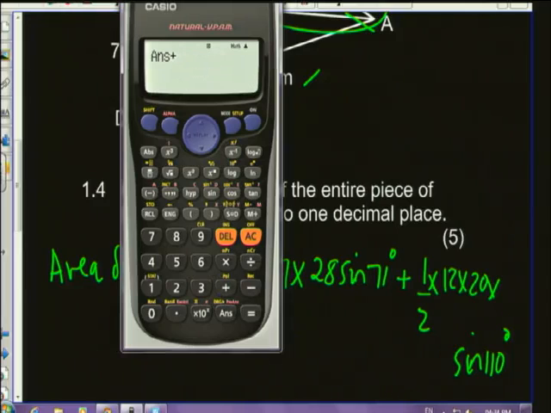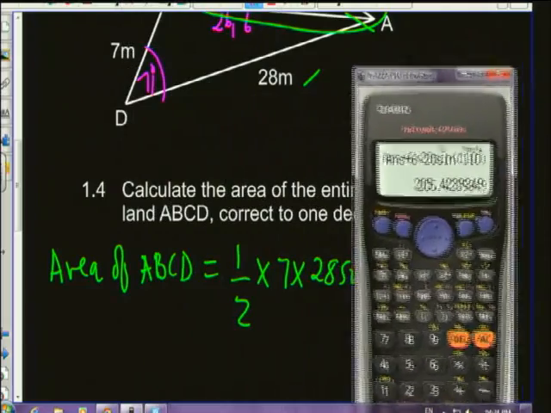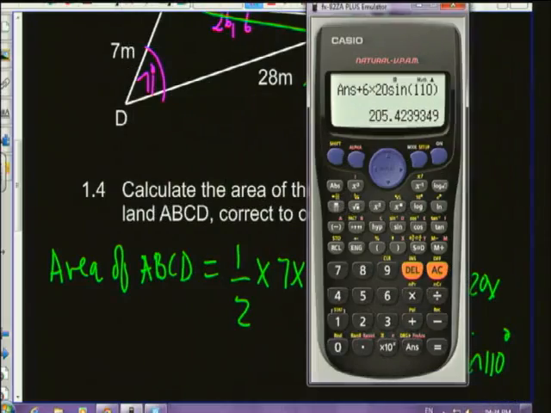Sorry, plus, now this is half of 12 by 20, so that is 6 by 20 times sine of 110. We get 205.42, to one decimal place, so 205.4.